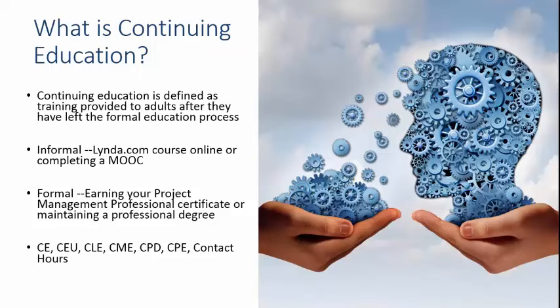That's like earning your project management professional certificate, or your chartered accountant or CPA, or your doctor's or surgeon's degree. Those types of certifications are actually degrees or licenses. But the key thing is that they have the recurring element of maintaining that certification.